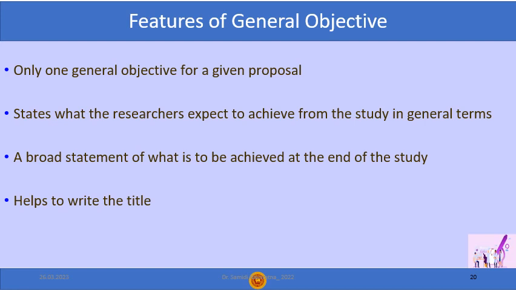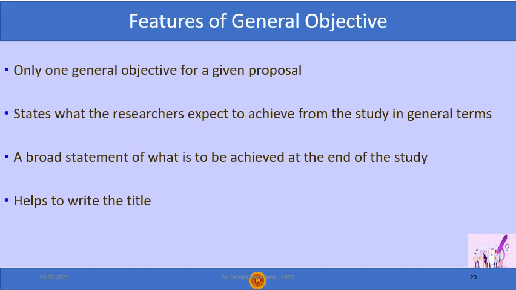Let's talk a little bit about the features of a general objective. Usually we have only one general objective for a given proposal, unless you are having many components or many phases in your research. Then state what the researchers expect to achieve from the study in general terms.